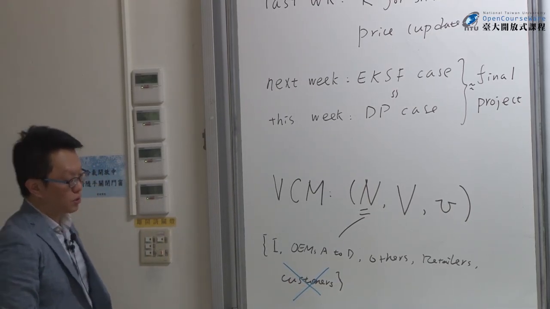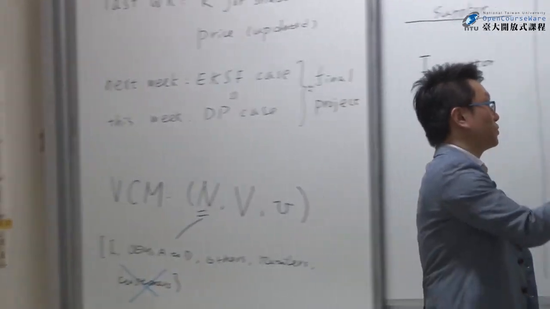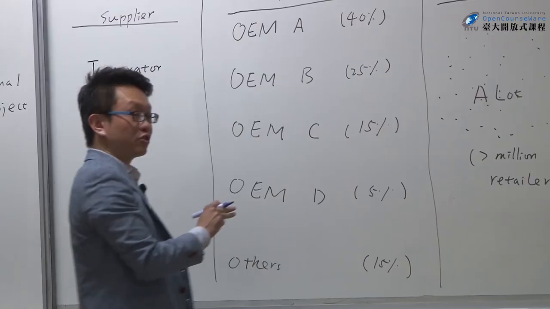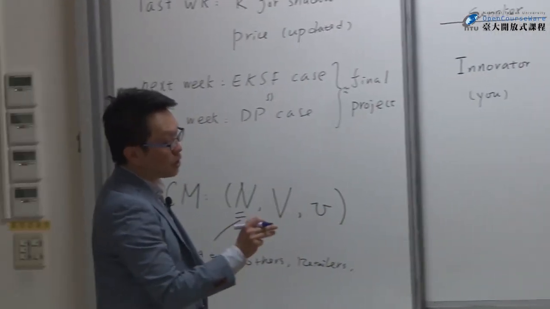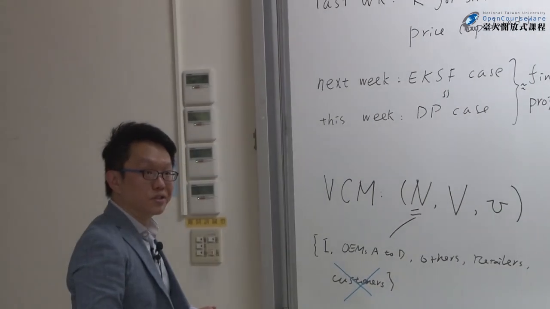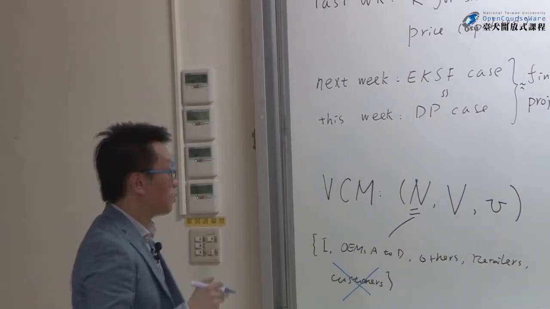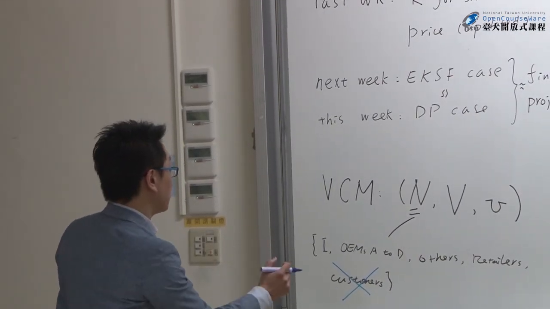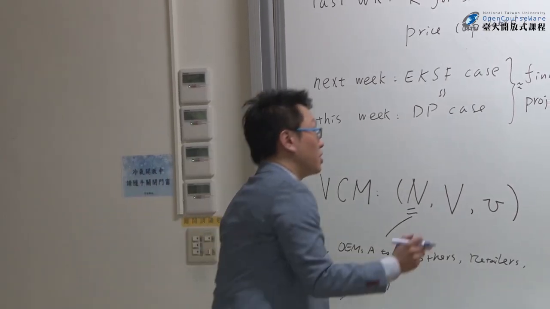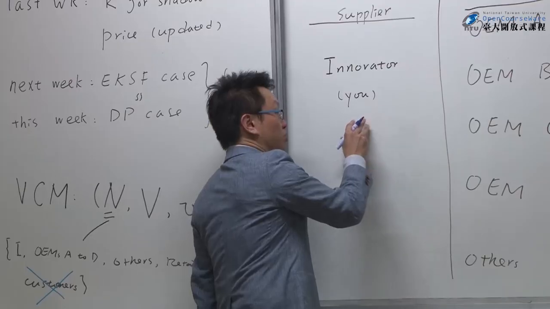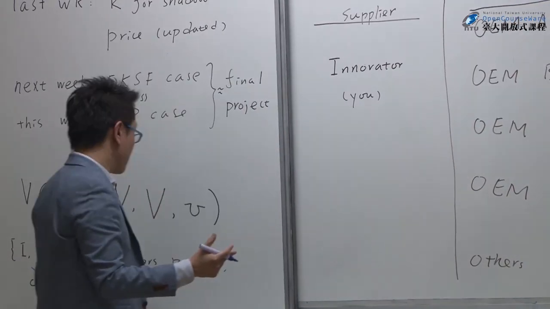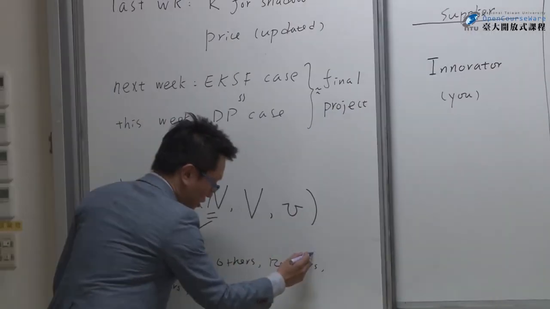The next problem is retailers. Retailers will just sell the product that the OEM and you work together to manufacture. So retailers do not add any value in value capture analysis. Last week, we said that if certain players do not add value in our analysis, no matter whether you use your innovation in the digital product or not, the retailer will not get extra value from your product, so we take the retailer out.